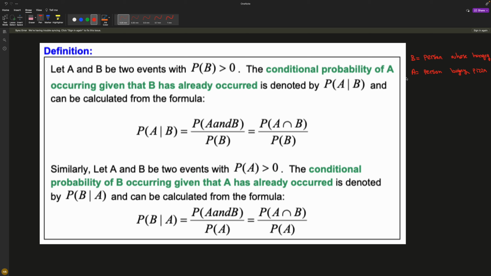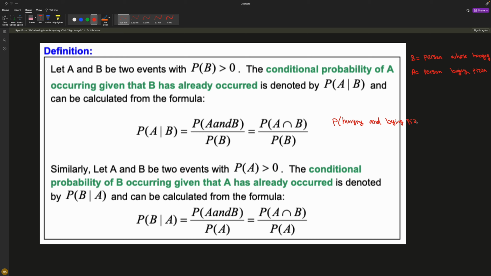But that's basically what conditional probability is: you're assuming one thing happened, and you're saying the chances of something happening assuming the second thing has happened. And so why do we divide? Remember, what we would be doing is getting the probability that somebody is hungry and buying pizza.